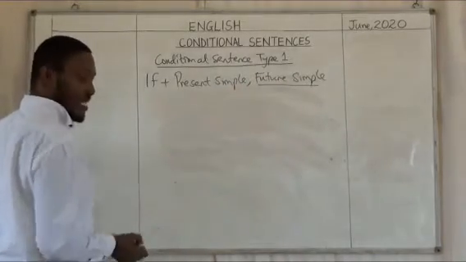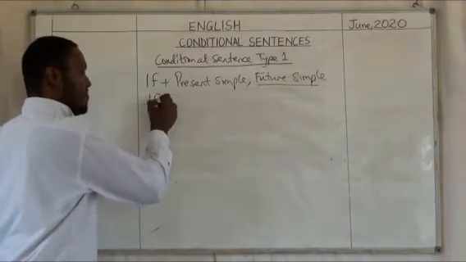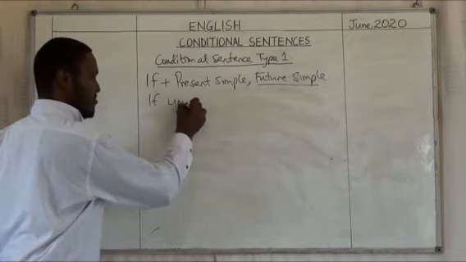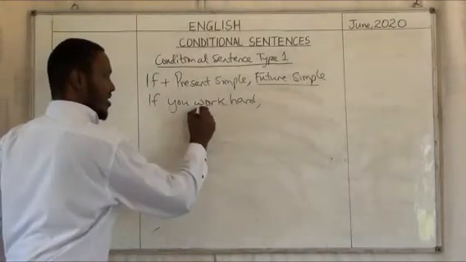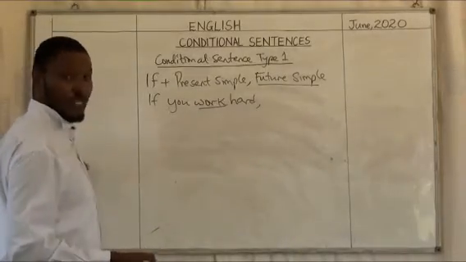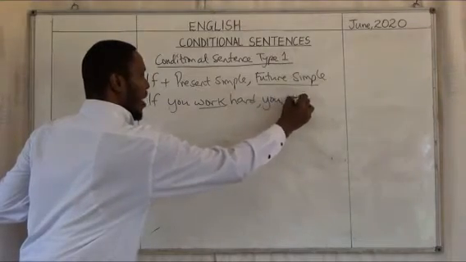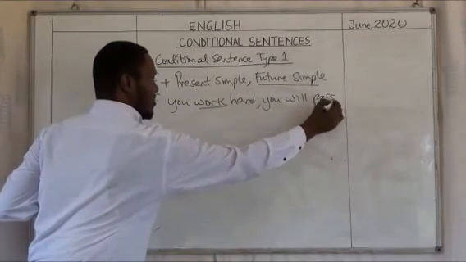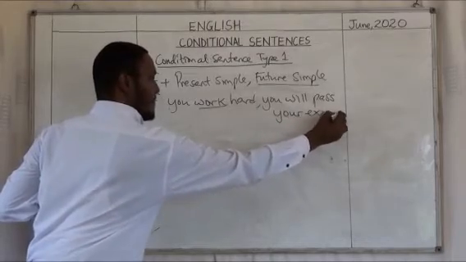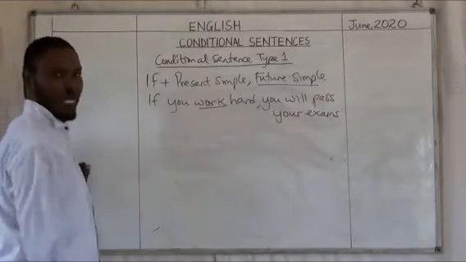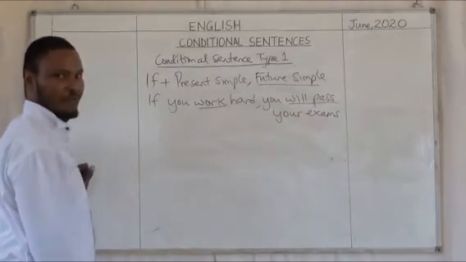An example of a sentence in conditional sentence type 1: if you work hard, you will pass your exams. Work is in the present simple tense. Will pass is the future simple tense.